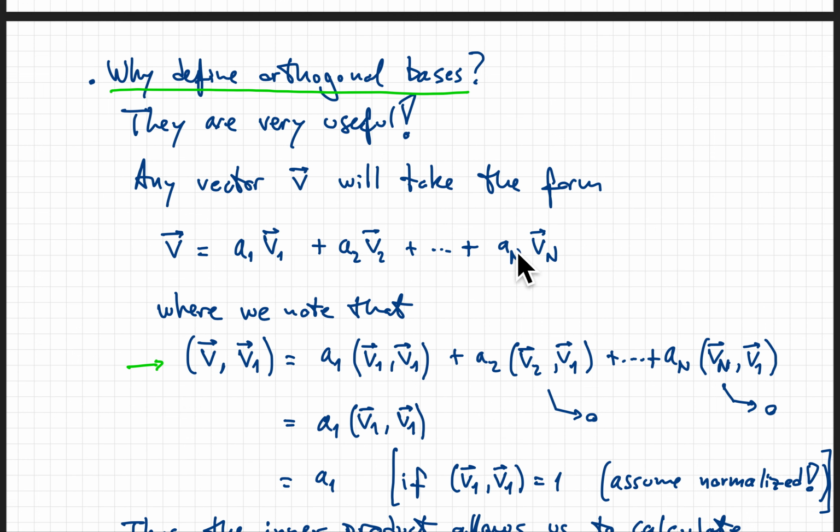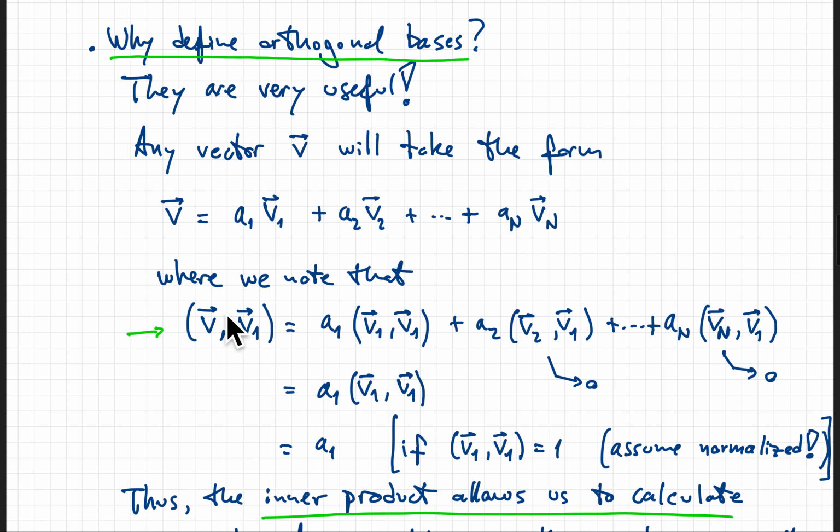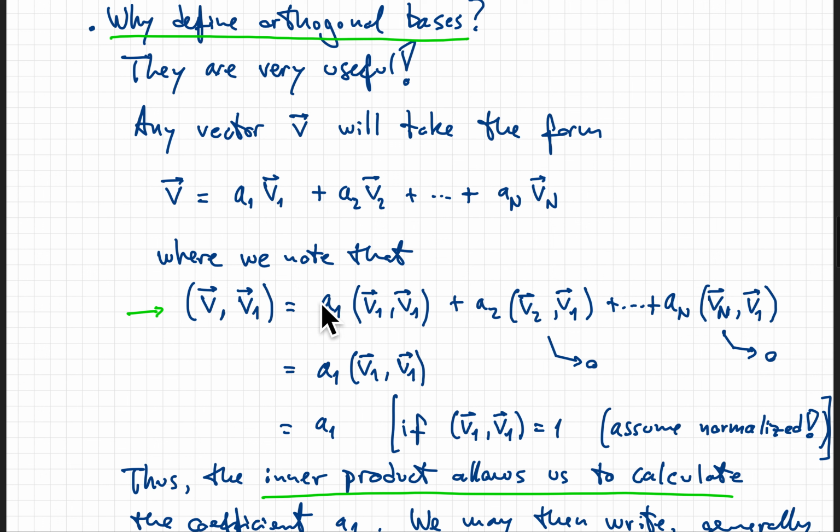a1 through an. Now, if you take the inner product of our vector v with v1, then by using the linearity of the inner product, you can see right away that this expression becomes a1 times the inner product of v1 with itself, plus a2 times the inner product of v2 with v1, and so on and so forth, all the way through to an times the inner product of vn with v1.